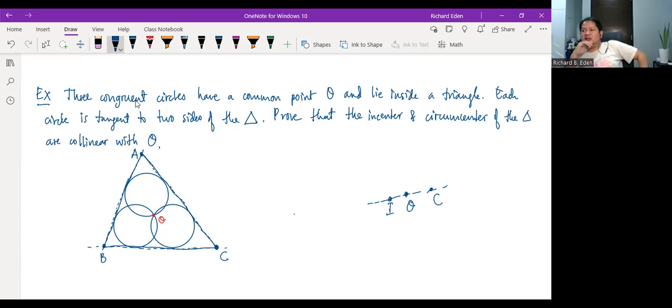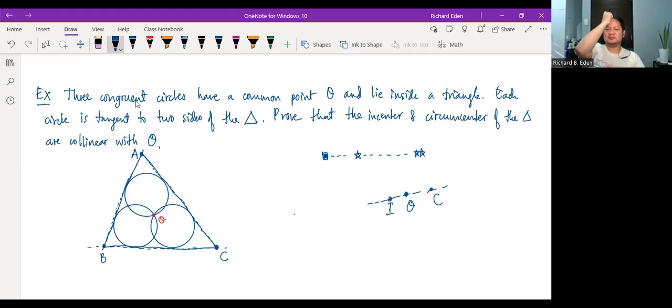If you have the center of the homothety and one particular point, when you apply the homothety it would be at a different point, and they're all collinear. Which one is our candidate?